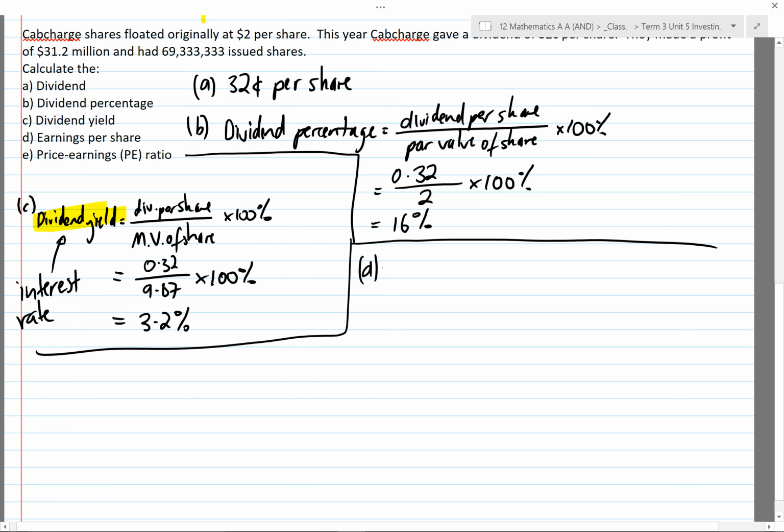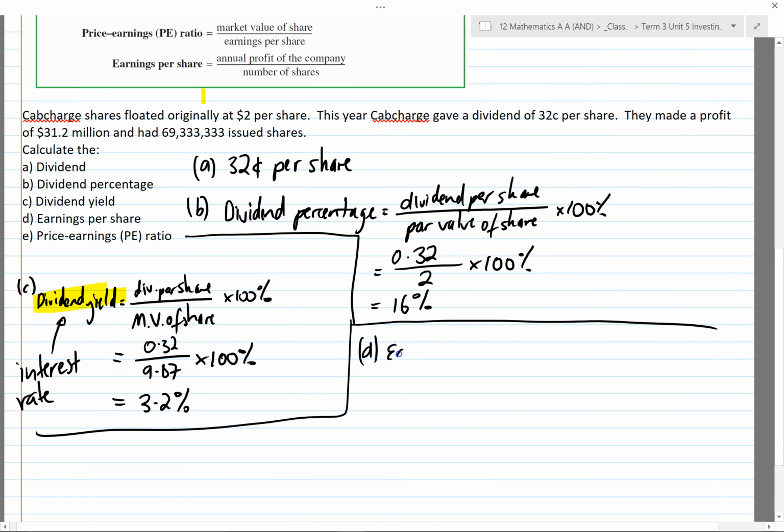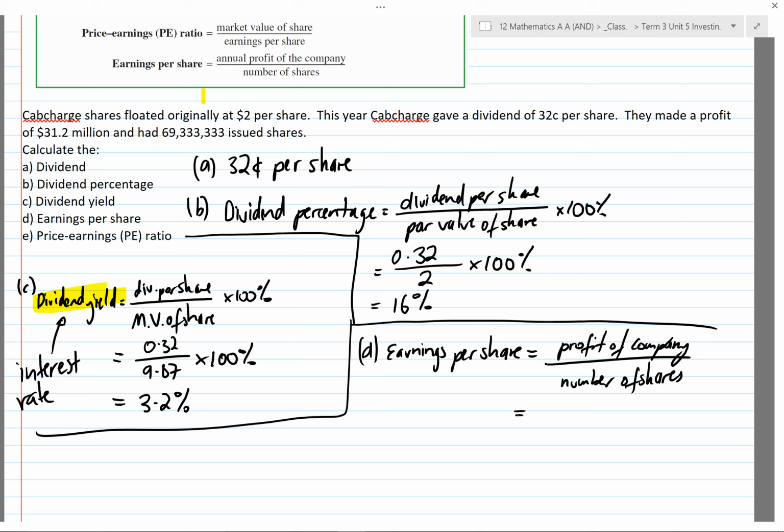I'll look at part D, earnings per share. Make sure I can see it. Earnings per share is profit of the company divided by the number of shares. Essentially, this is how much profit you own of the company for each of the shares that you own. So in Cab Charge's case, they made a profit of $31.2 million.